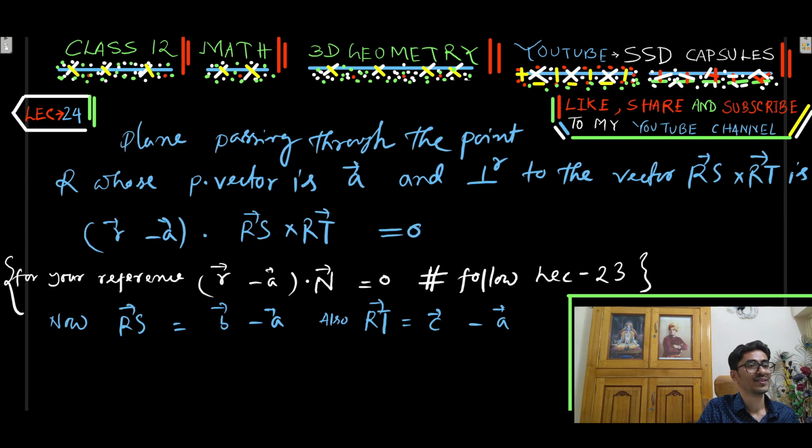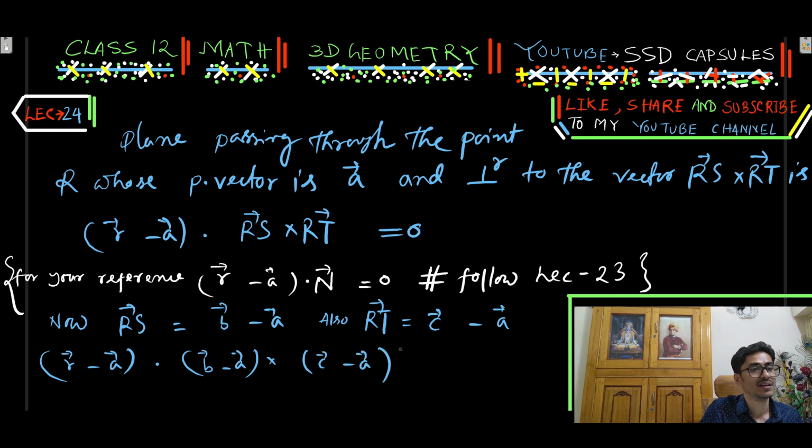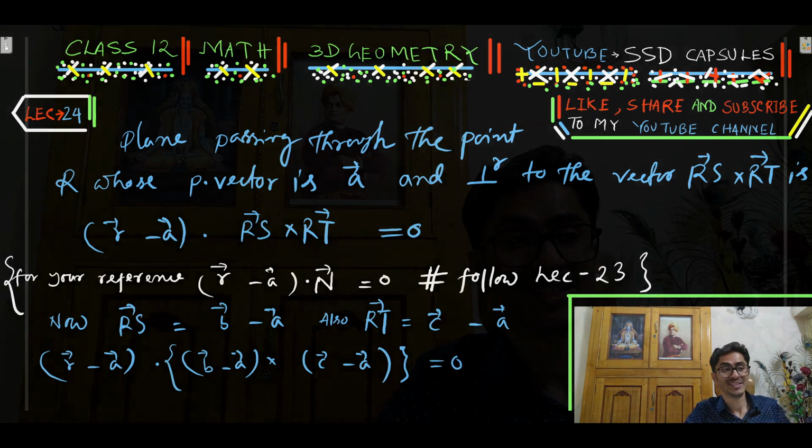So now we simply put the values: (r vector minus a vector) dot (B vector minus a vector) cross (C vector minus a vector) equal to 0. So this is nothing but one vector dot the cross product of two vectors, that is the scalar triple product, the box product.